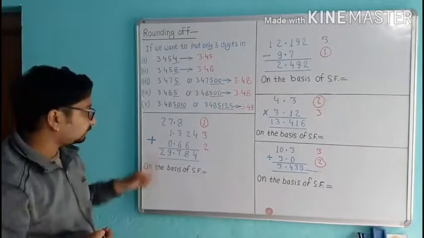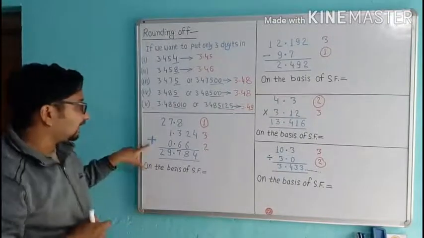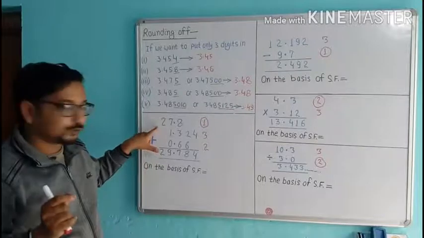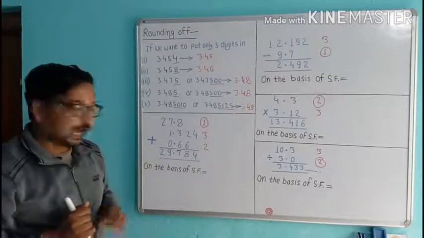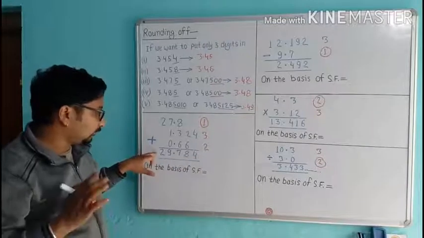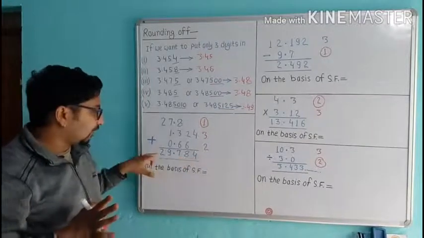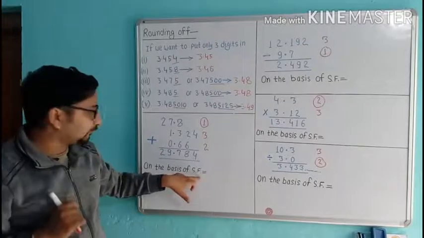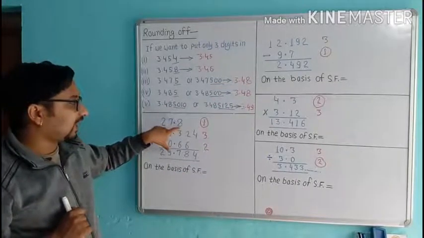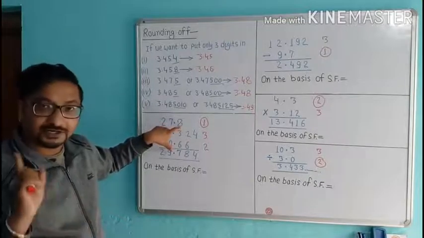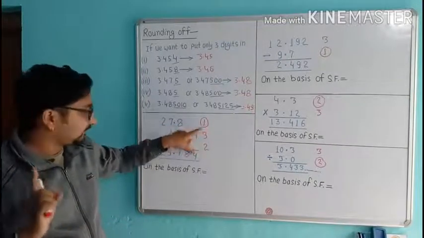Now, in case of addition, suppose we want to add some numbers and we get a result, and we want to write this number on the basis of significant figures. Now, 27.8. After decimal, there is one digit, one significant figure.